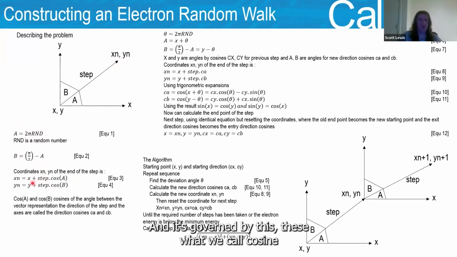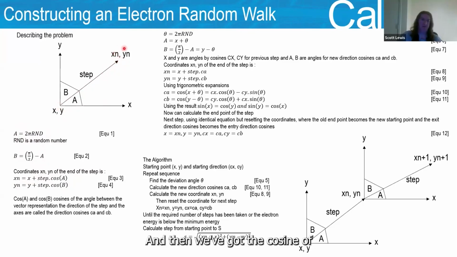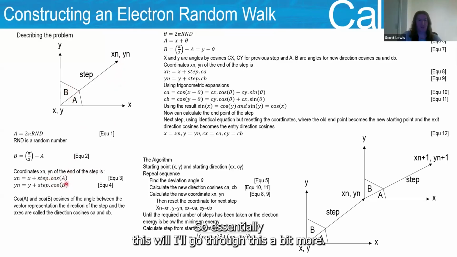These are what we call cosine directions. So we've got X or Y, which is the initial. We've got the step, and then we've got the cosine of, in this case, this angle, and then of this angle. I'll go through this in a bit more detail.